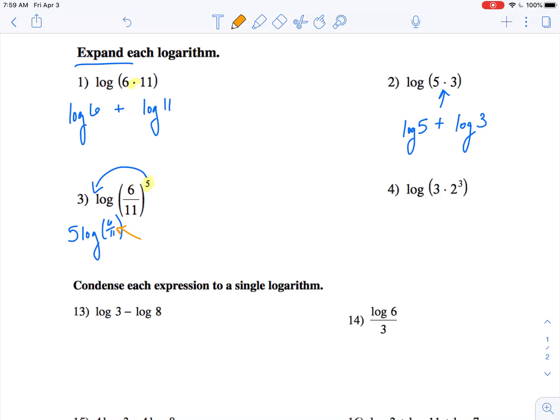I got 5 log 6 over 11. And I'm going to look at what operation is going on in that logarithm. Well, that's division, so I'm going to split this into 2 logs. So I'll say 5 log 6 and 5 log 11.